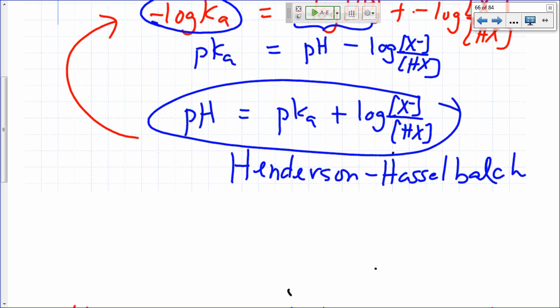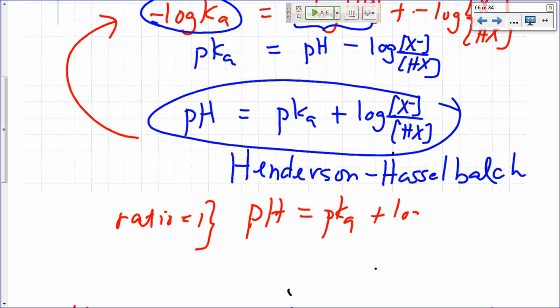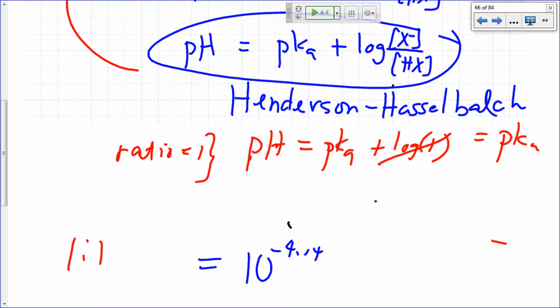Why? What happens if the ratio is 1? Then you can say pH equals pKa plus log of 1. What's log of 1? 0. So pH equals pKa. What happens if the ratio is 10? So what if X minus over HX is 10?